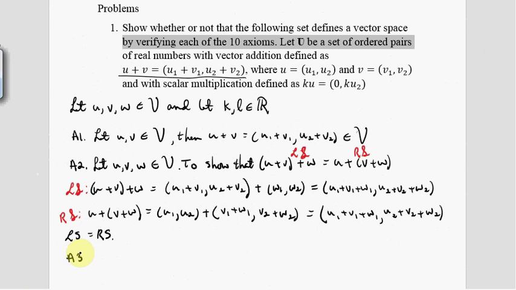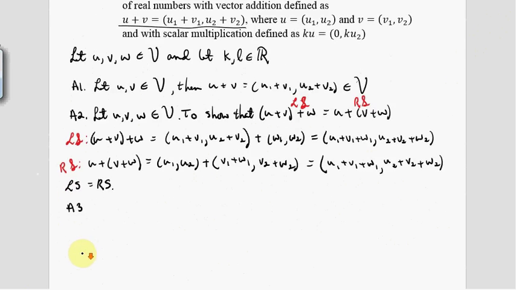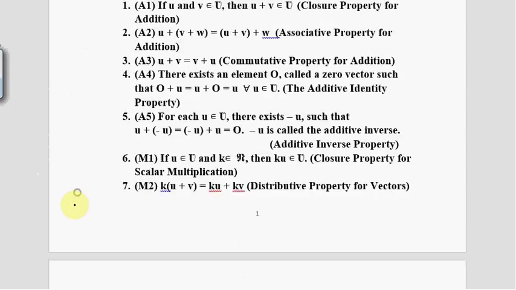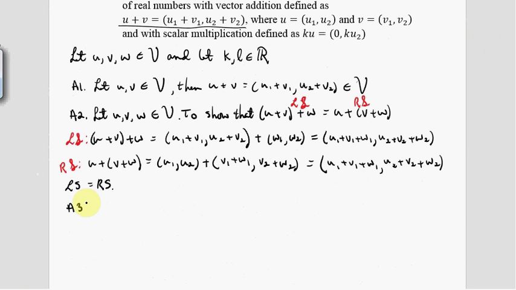A sub 3, the commutative property. So here, to show that u plus v is the same as v plus u.